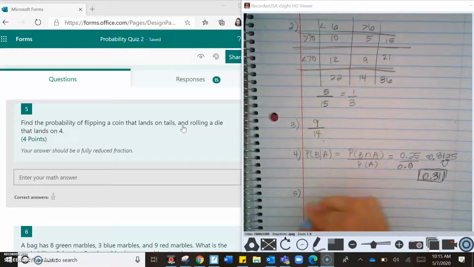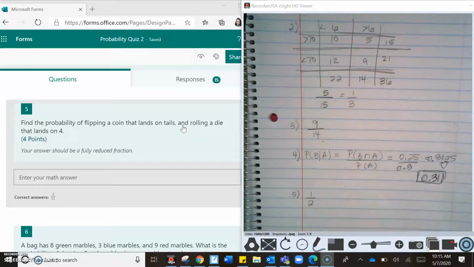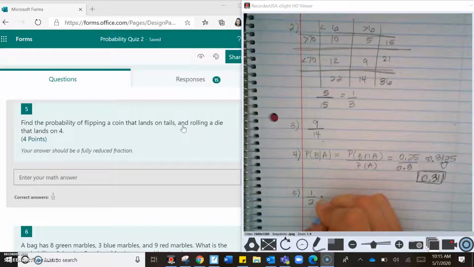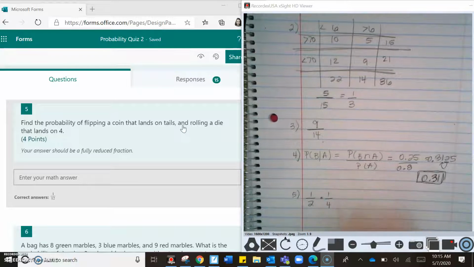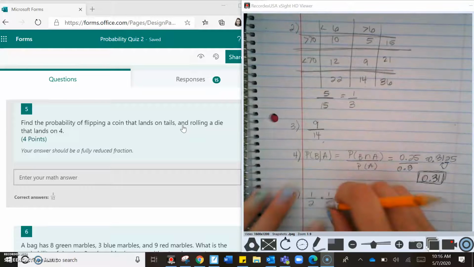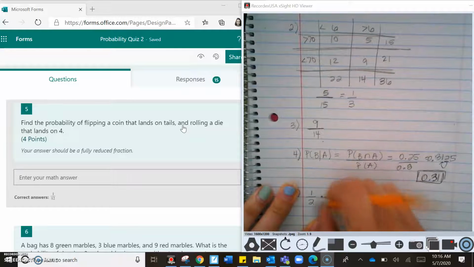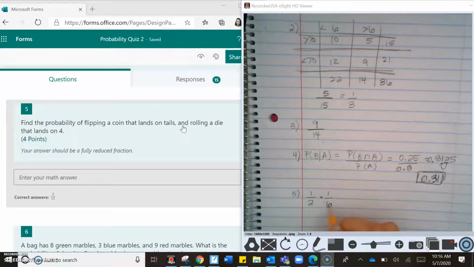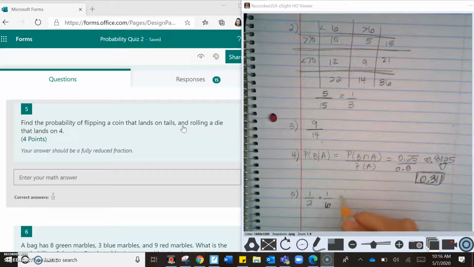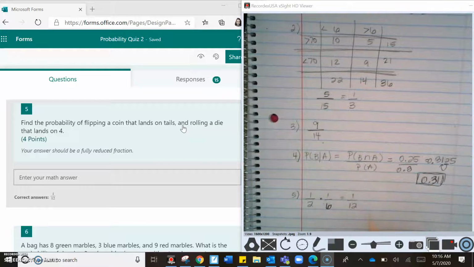So I have a 1 out of 2 chance that my coin lands on tails. And I have a 1 out of 4 chance that my die lands on a 4. A die has 6 sides. Oh, I have a 1 out of 6 chance, good googly moogly, because my die has 6 sides. So 1 out of 6. So this is 1 over 12.